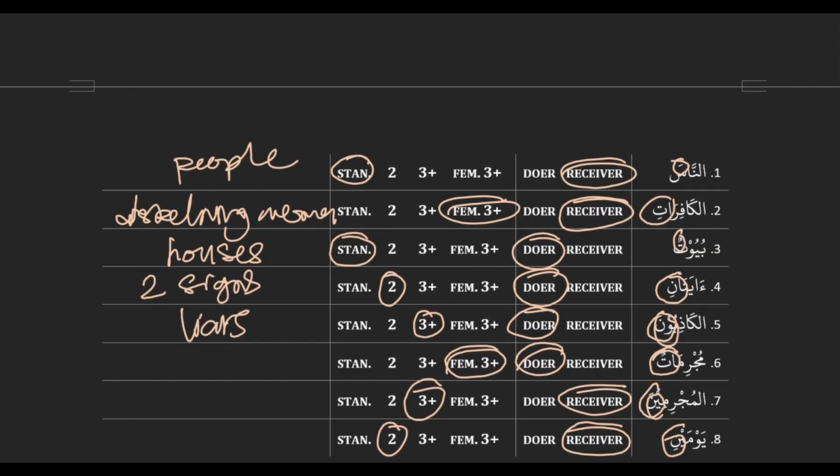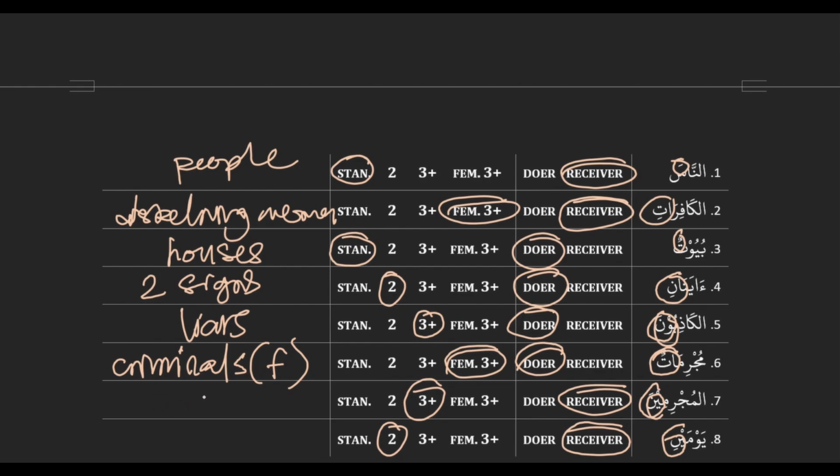We could say criminal women, or however you want to do that, as long as you express the number somehow and gender somehow. Al-mujrimina, again, it's criminal, but it's plural, so just criminals. Okay, last one.